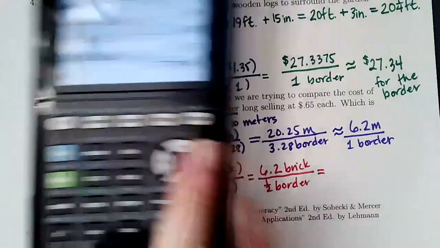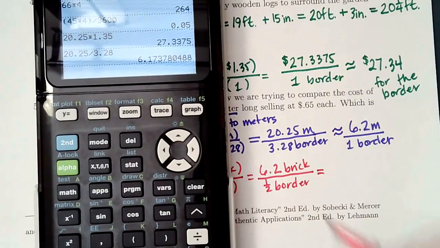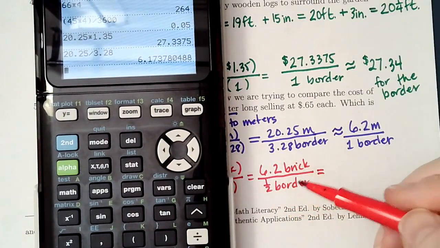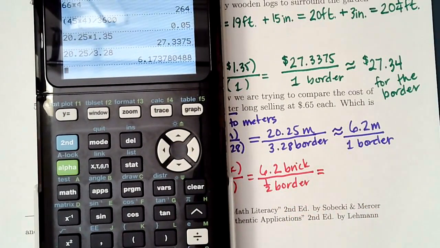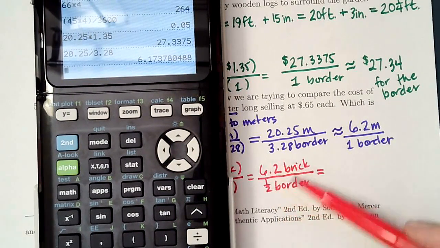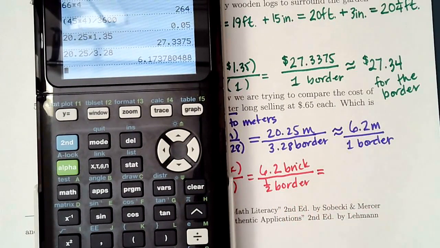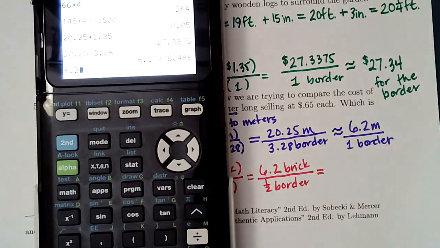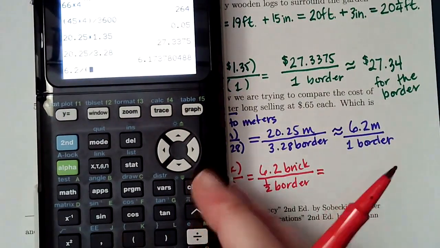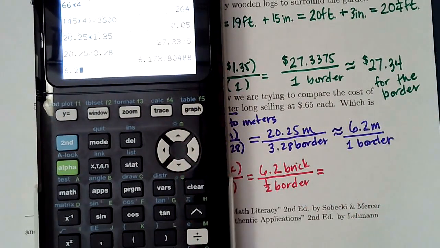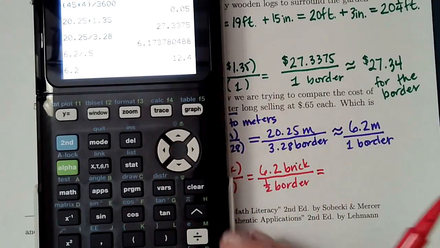Okay, so I mean, we're going to end up doubling it because if it's 6.2 for half the border, it's 6.4. I'm sorry, not 6.4, but it's going to be double that. So 12.4 bricks, my bad. But just so that we double check, divided by, so either if you do it as a decimal, 0.5, 12.4 bricks, or if you do it as a fraction, I want you to beware.